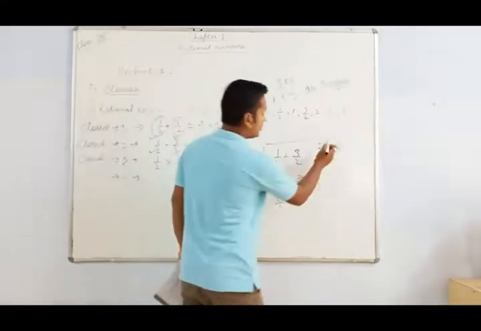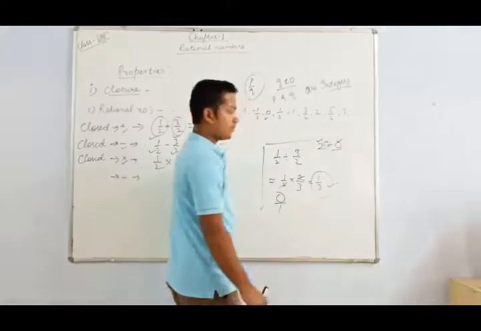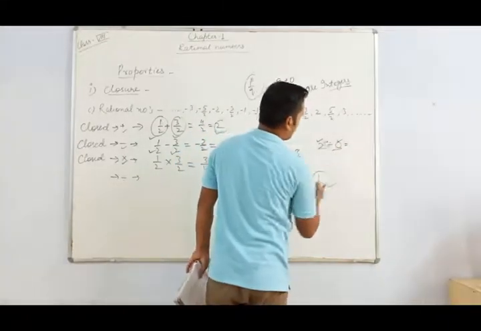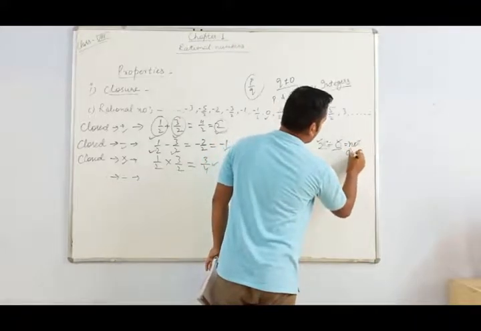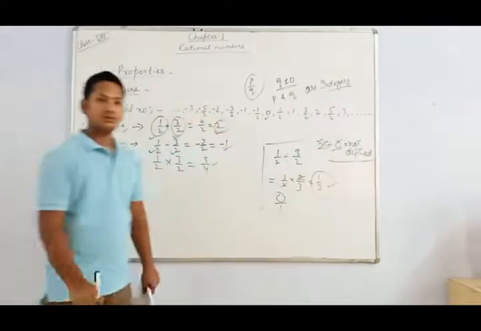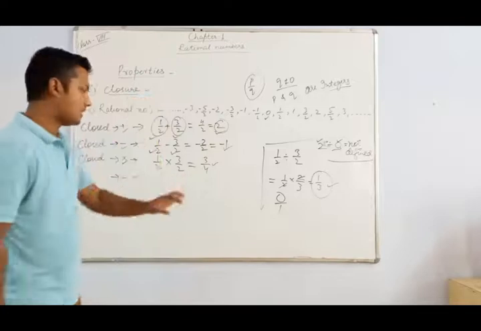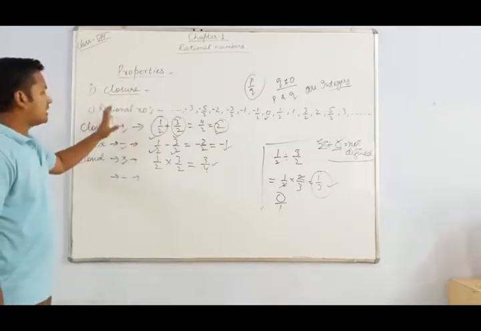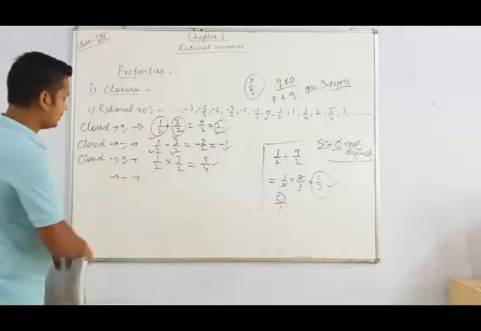So when we will be dividing one rational number by another rational number, what will it give? It is not defined. So division by 0 is not defined. That is why we can say that the rational numbers are not closed under the operation of division.